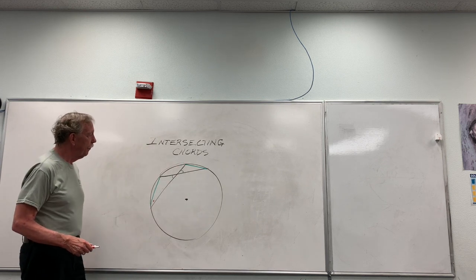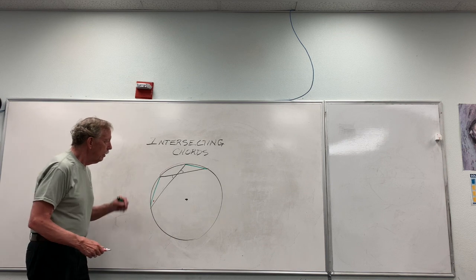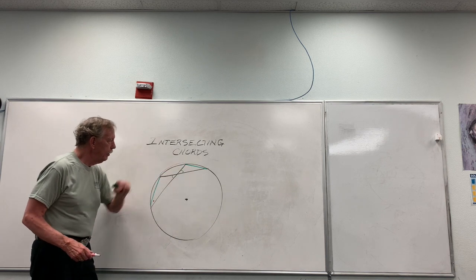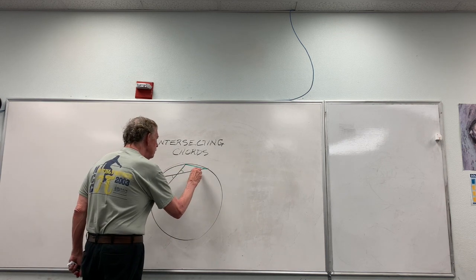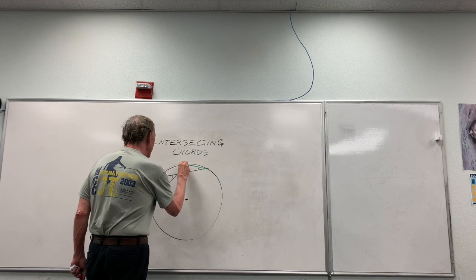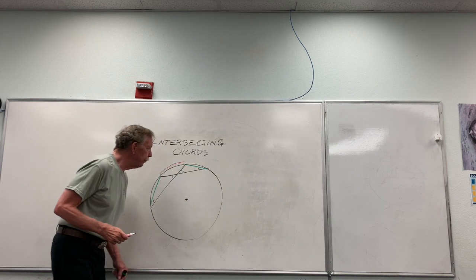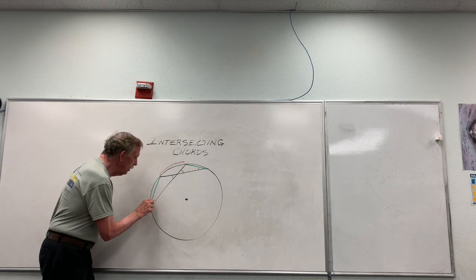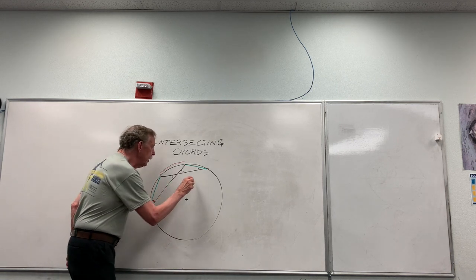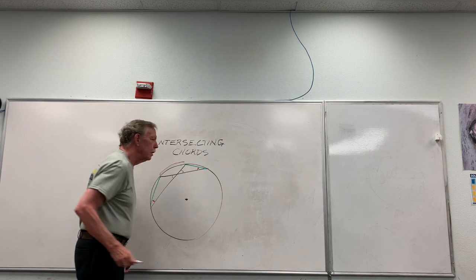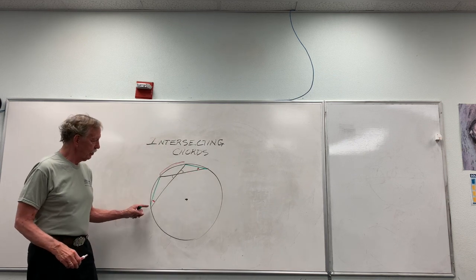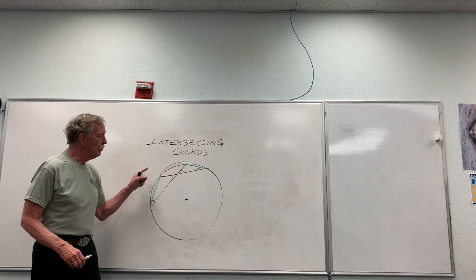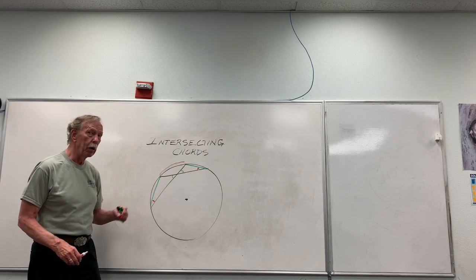This angle here, this one, intersects exactly the same arc. That means that this angle down here and this angle up here are the same size because they're both inscribed angles and they intersect the same arc.